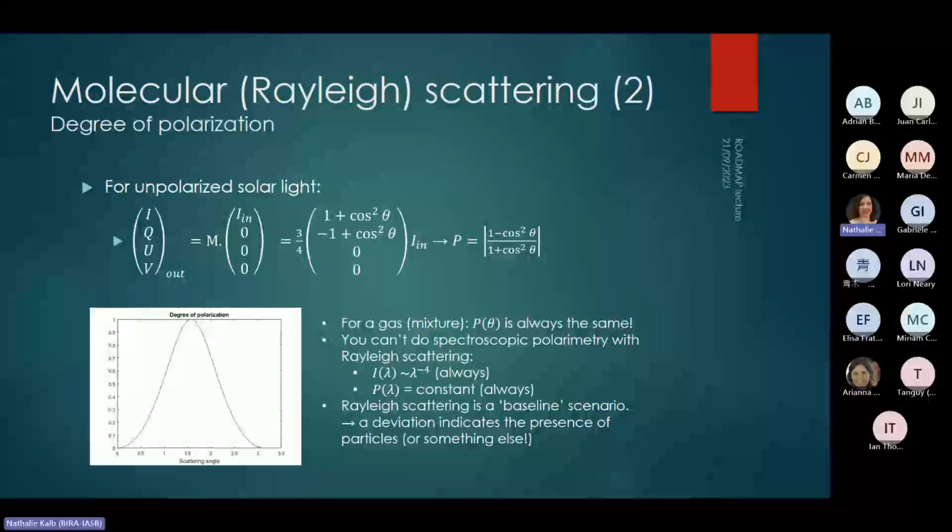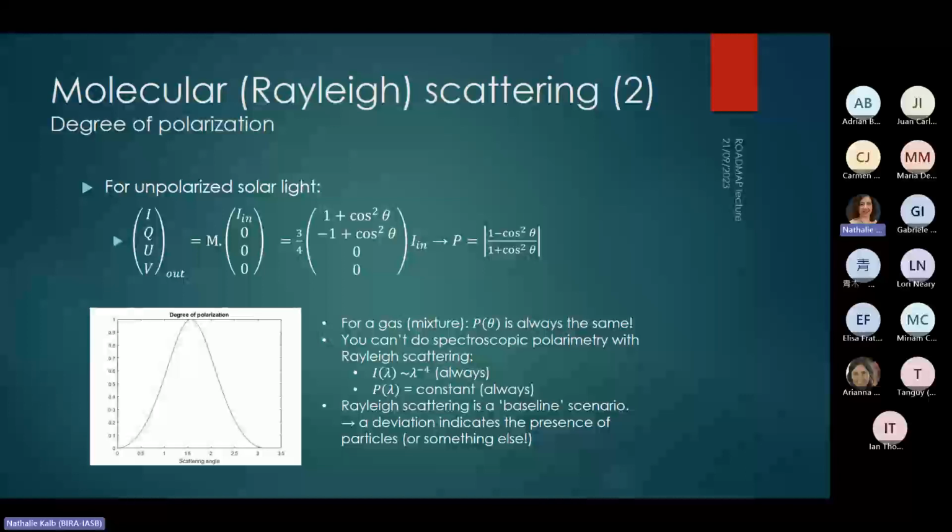Here it is. At 90 degrees, you have 100% polarization. In the forward direction, it's 0. In the backscatter direction, it's 0 as well. For a gas mixture, it's always the same. I'm not telling you the full story, but I'll skip the details.